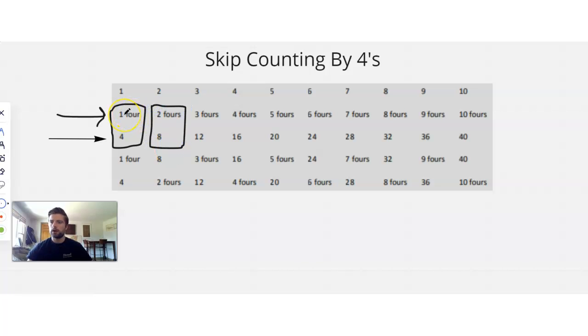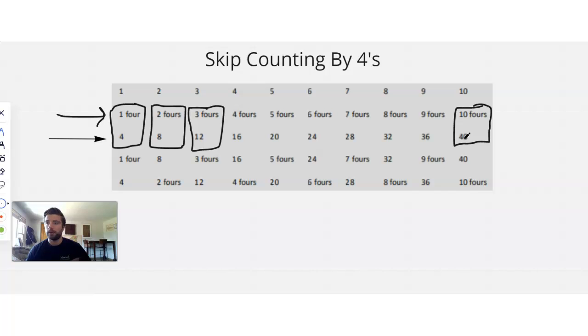Okay, so 1 4 is the same thing as 4. 2 4s is the same thing as 8. 3 4s is the same thing as 12, and we can go all the way up our chart and notice that each number on top is the same thing as the number on the bottom, just written a different way. So 10 4s is the same thing as 40, okay?